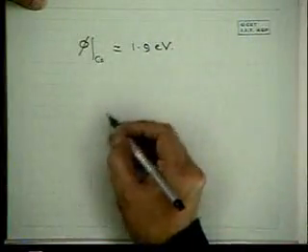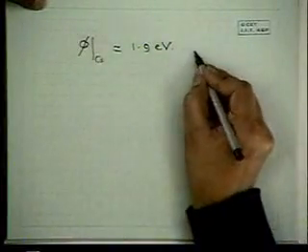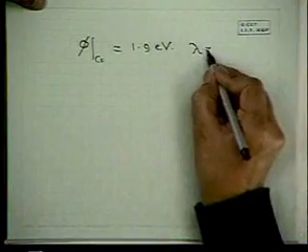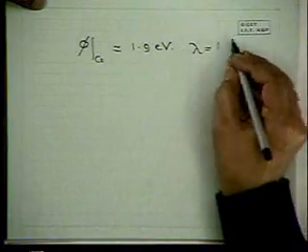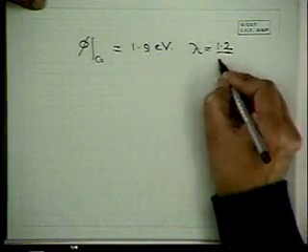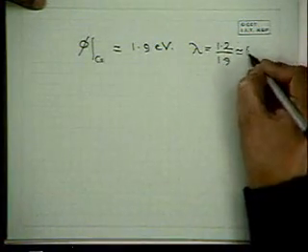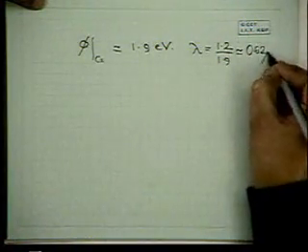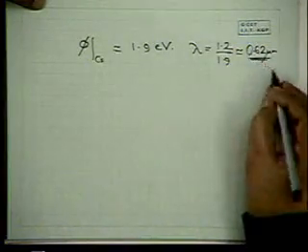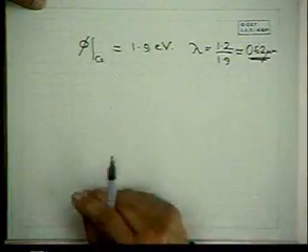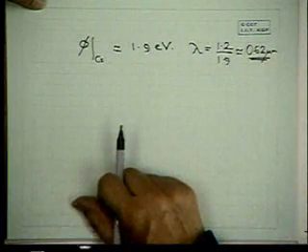It oxidizes very easily. But if you have a work function of 1.9, then obviously lambda cutoff will be 1.24 by 1.9, so something like 0.62 microns. Okay, so you're in the visible. So this can operate in the visible, but not in the infrared.